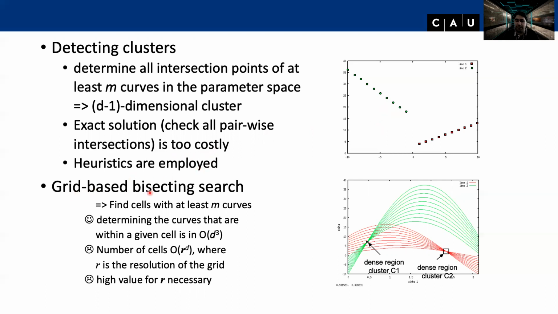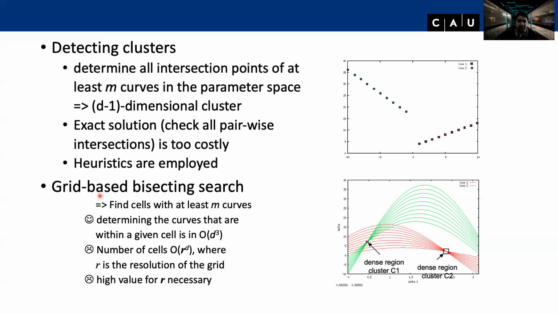And grid-based search to the rescue. You probably know grid-based search from algorithms like, for instance, CLIQUE. However, while CLIQUE had a static grid, if you recall, in the axis-parallel subspace clustering, the CLIQUE algorithm imposed a fixed grid with fixed widths at all times. Here we have something like an adaptive grid approach through this bisecting search.